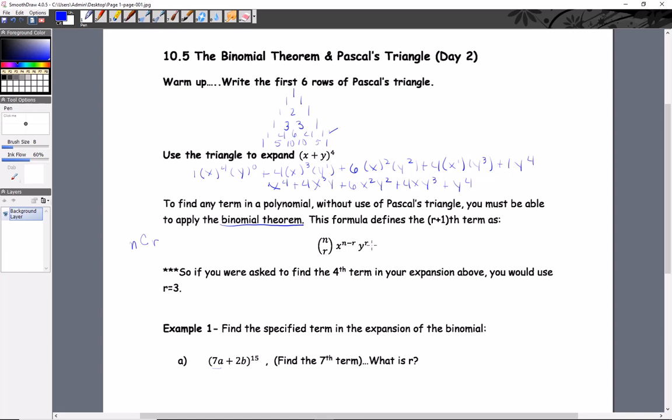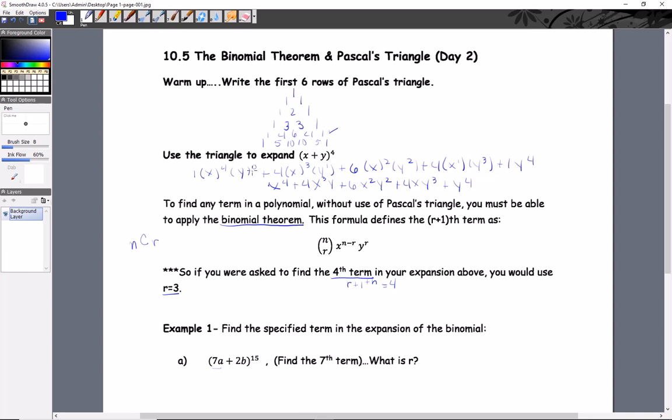We actually are going to pick r based on the term. So for example, if we're asked to find the 4th term, then r will be 1 less. So this will be the r plus 1th term, and that equals 4. Subtract 1 from 4, and so r equals 3. And the reason that r is 1 behind the number of the terms is because of this.